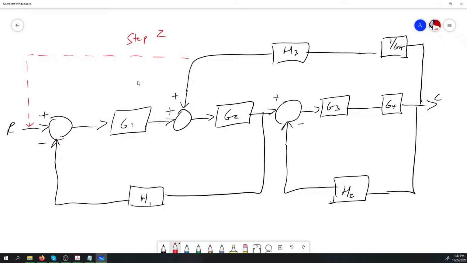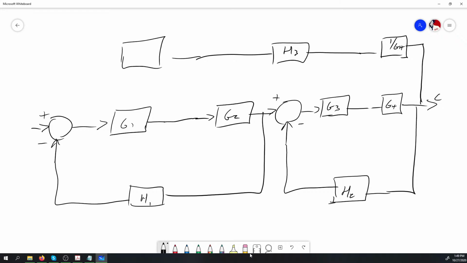So in moving this, the compensation on this dashed red line means it's going to be 1 divided by G1. So I'll erase this here because it's no longer going to be here. Factor this in now. That means that we're going to have a 1 divided by G1 here.